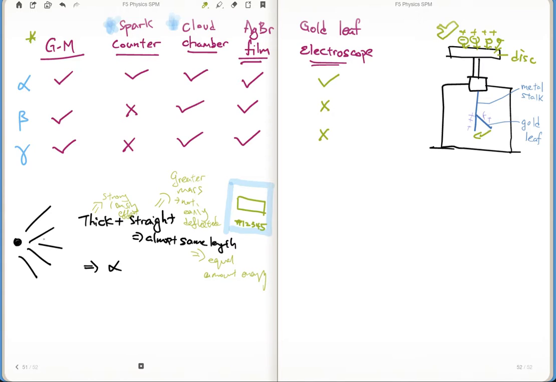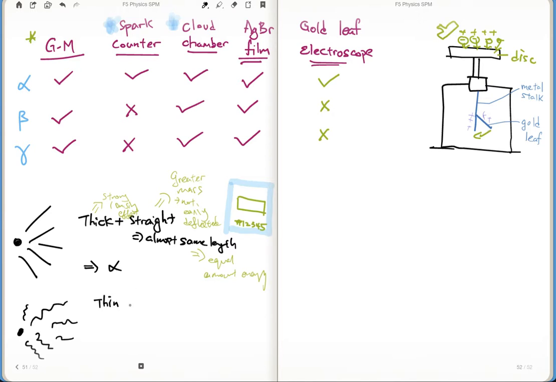So you may have gone through beta and gamma. For beta, you have a source and alcohol vapor. What happened? The line is actually crooked, of different lengths.